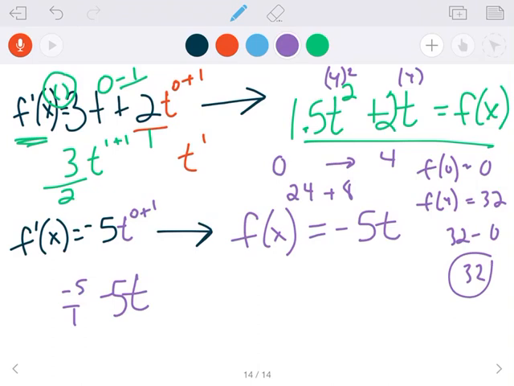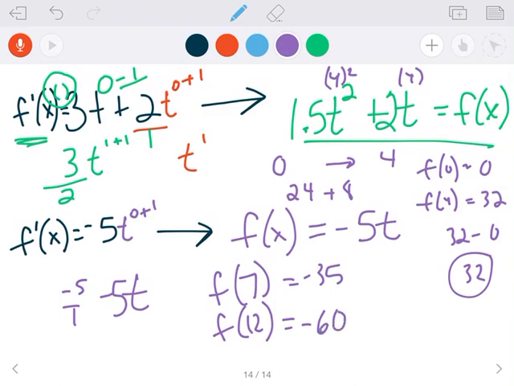And then for the second function, that was from a time of 7 seconds to a time of 12 seconds. So if we plug 7 into this function, negative 5 times 7 is negative 35. If we plug 12 into this function, negative 5 times 12 is negative 60.